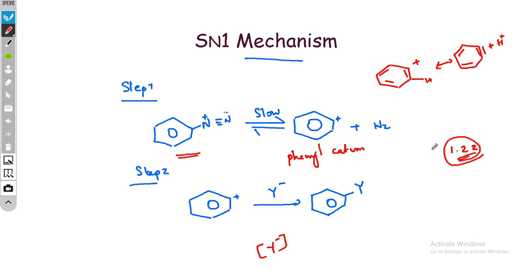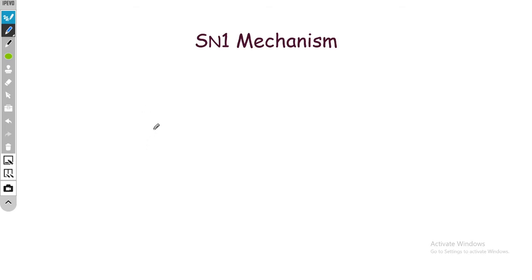Another evidence is that if you use a diazonium salt with labeled nitrogen, that is, Ar N triple bond N, where this nitrogen is labeled as N15 and this is the normal nitrogen, N14, then after some time it is found that the reaction medium contains another compound, Ar N triple bond N, with the normal nitrogen here and the labeled nitrogen there.